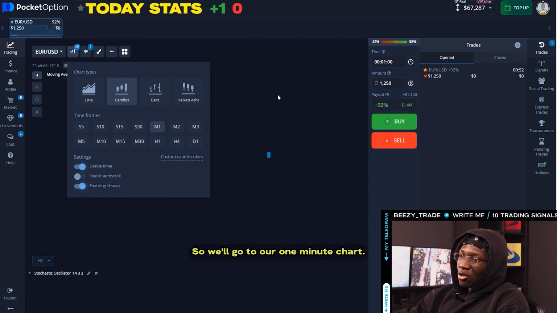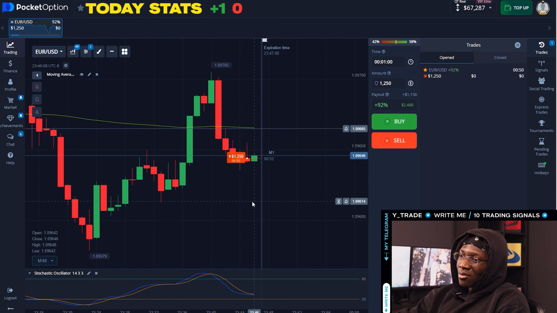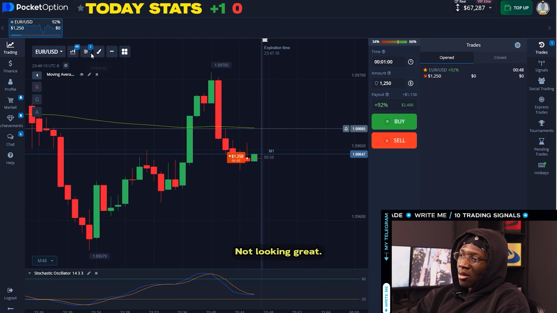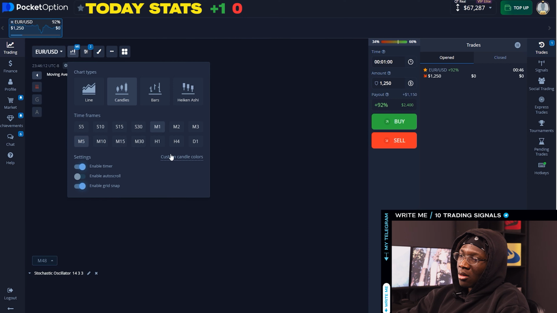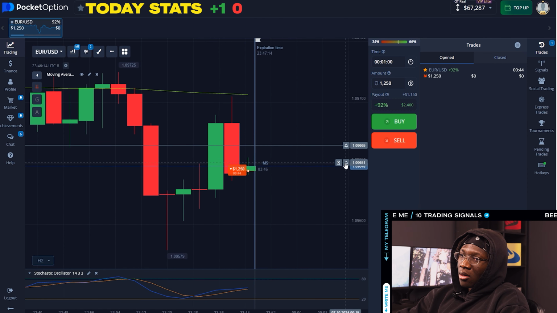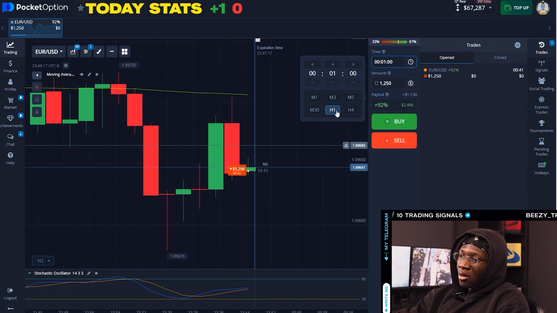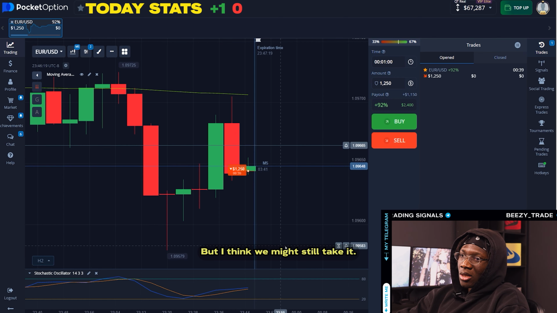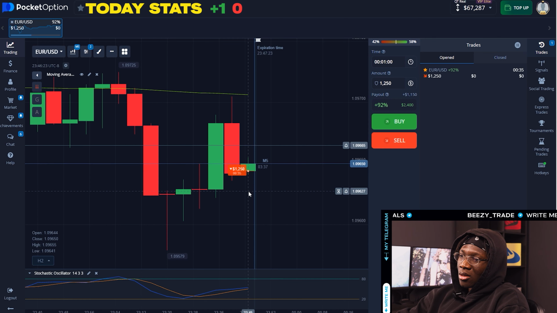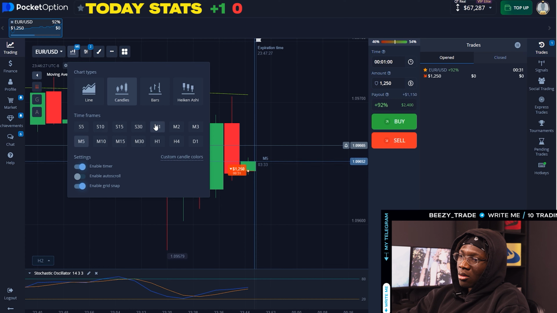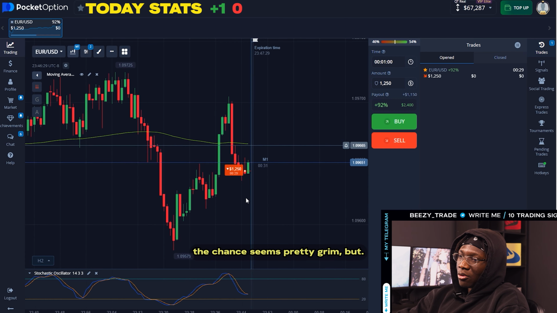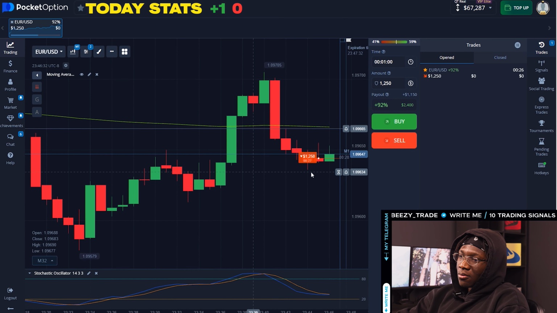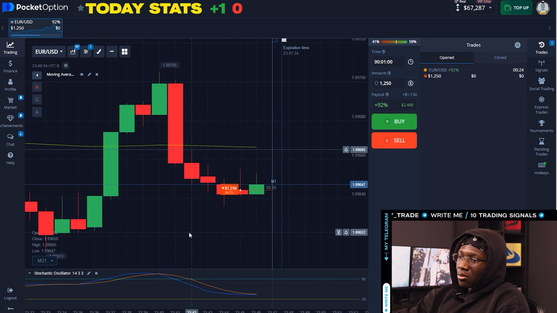So we'll go to our 1 minute chart. Not looking great. But I think we might still take it. I think we still have a good chance. That chance seems pretty grim, but I think we're good.